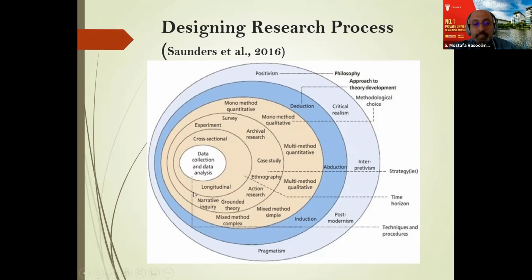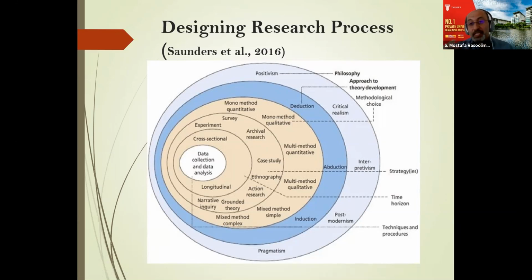And then this is time. Our study is cross-sectional or longitudinal. And the last layer is data collection and data analysis. This should also be followed and is applicable for mixed method. So for mixed method, we have to identify our research paradigm, our research approach, and then what research strategy we apply.